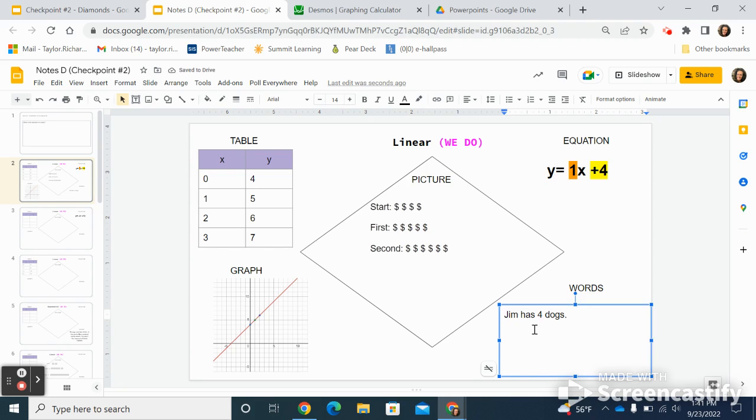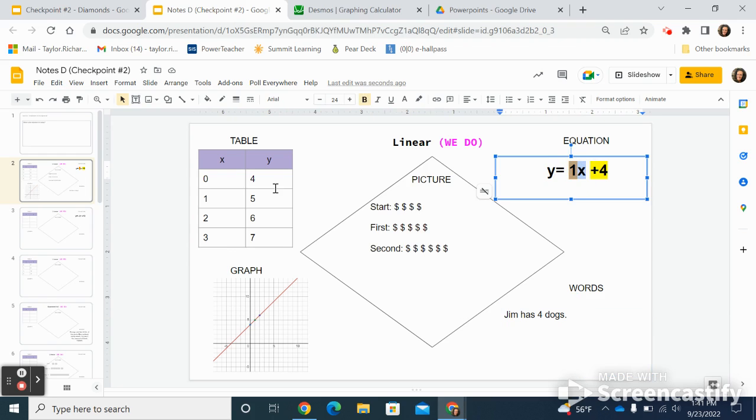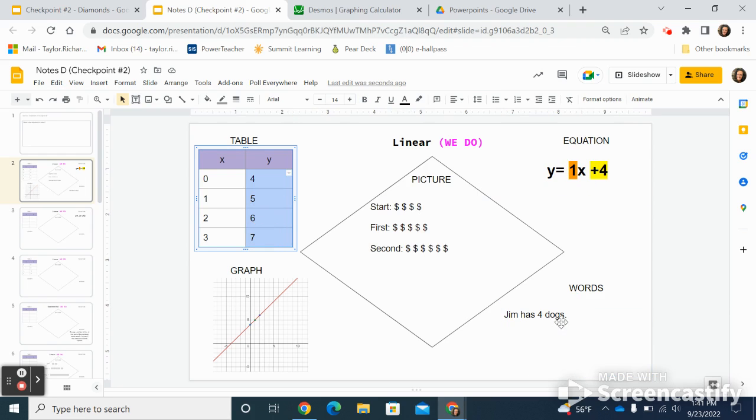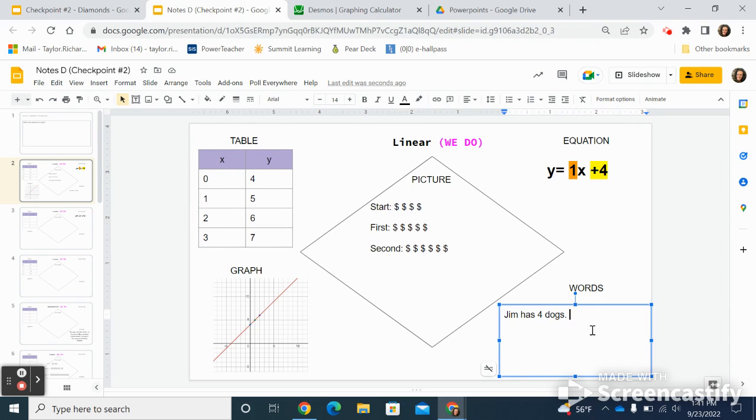That's your first sentence. The next sentence should be saying how it's changing. What is the rate of change? Remember, my rate of change is 1, going up by 1, right? So I'm going to say, and you can make it your own, every year he gets 1 more dog.